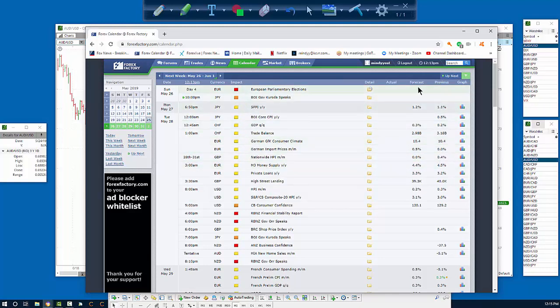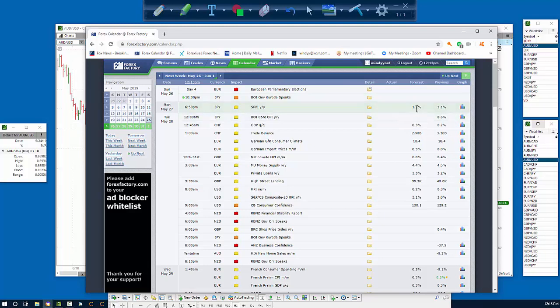It tells you the forecast, and the forecast is what is expected to happen. So on Monday evening at 6:50 p.m., this Japanese SPPI report is projected to come out at 1.2%. Last month it was 1.1.